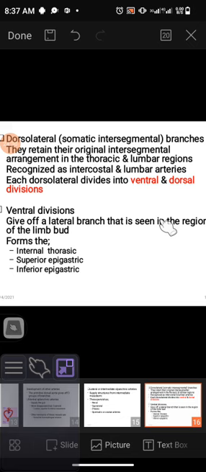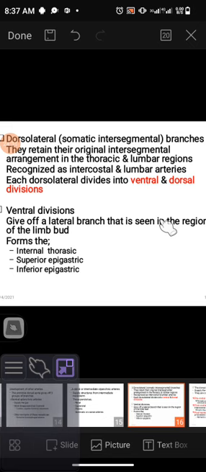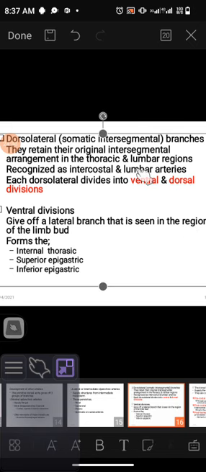Or we have the lateral somatic intersegmental branch. They retain their original intersegmental arrangements. They are recognized as intercostal arteries.